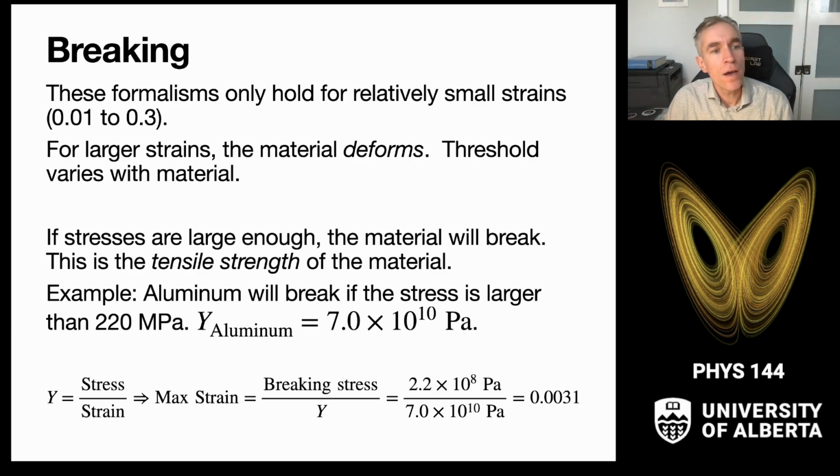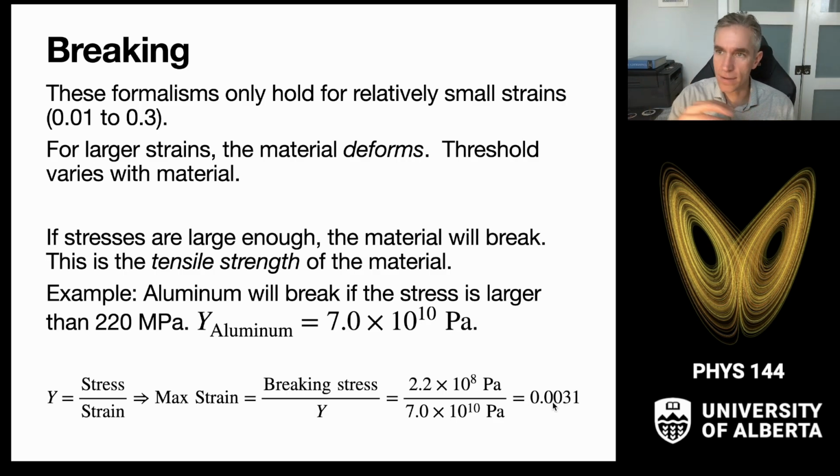And the Young's modulus for aluminum here is 7 times 10 to the 10 pascals. And you can actually figure out what the max strain for aluminum is before it will start to break by taking this breaking stress, which you just find in a table of materials, and solving for the max strain. Cross-multiplying the Young's modulus and the strain, we set the breaking stress over Young's modulus to find the maximum strain for aluminum is 0.003.